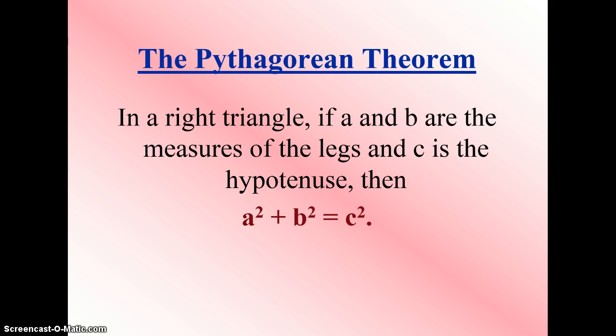A squared, so you take the measure of A, which is the measure of a leg, which they will give you today, and you'll square it, plus the other leg, which we will call B, and we will square it. The sum of A squared plus B squared in a right triangle is going to be equal to C squared, or the measure of the hypotenuse squared.